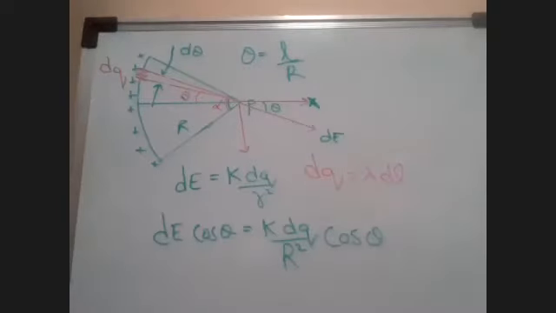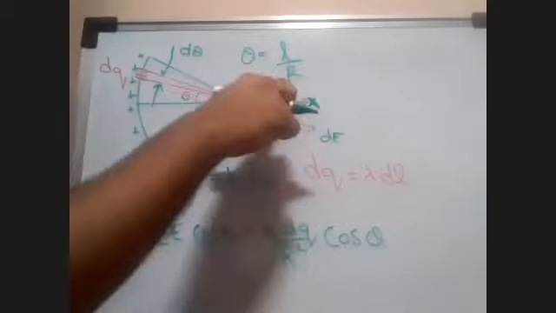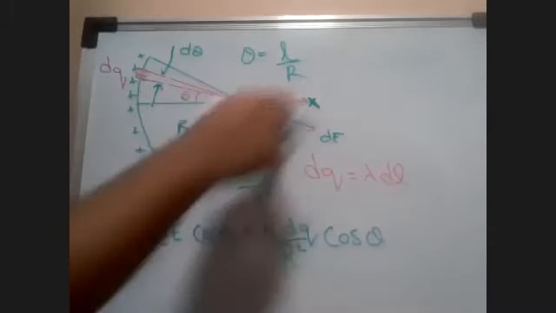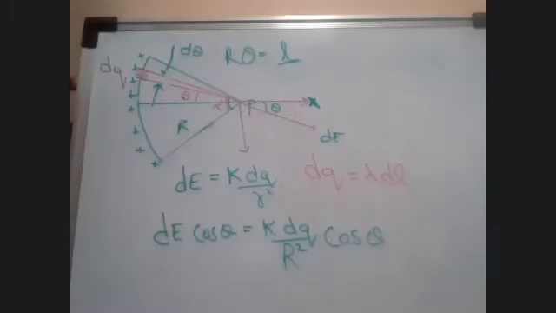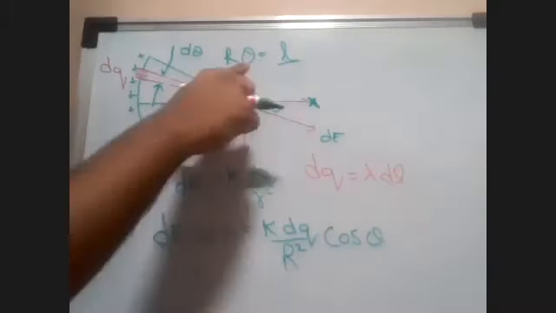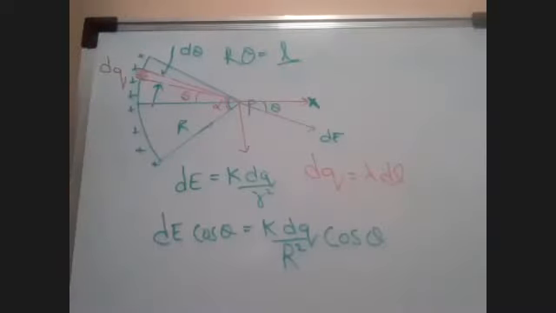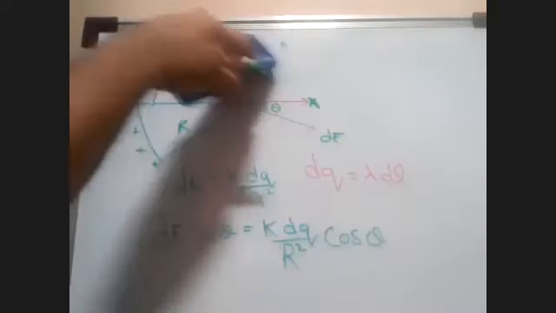Theta is equal to L by R, so R theta equal to L. So dl is equal to R d theta.